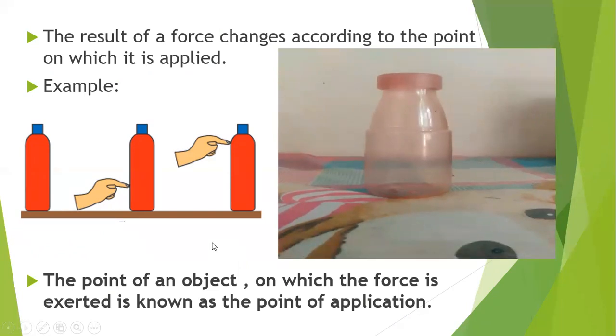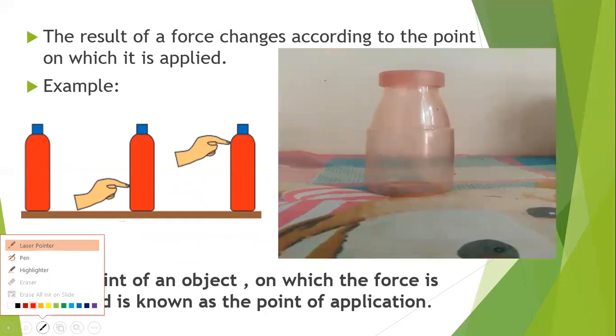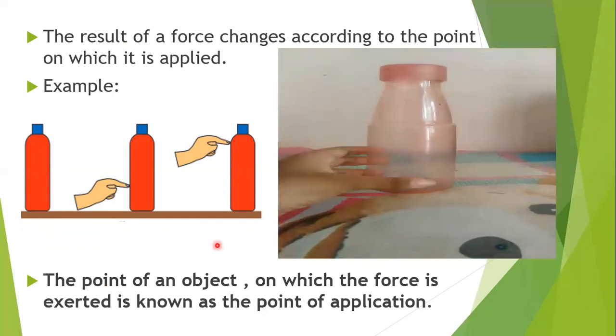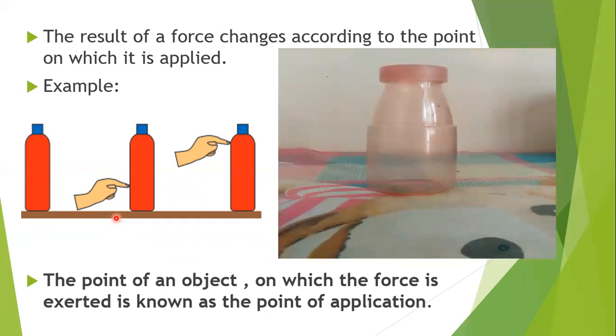Now I told you the result of a force changes according to the point on which it is applied. For an example, you can see a picture in the slide. As in the picture, I place the bottle on the table top. If it is pushed with the finger kept close to the bottom, it will move away along the table top.